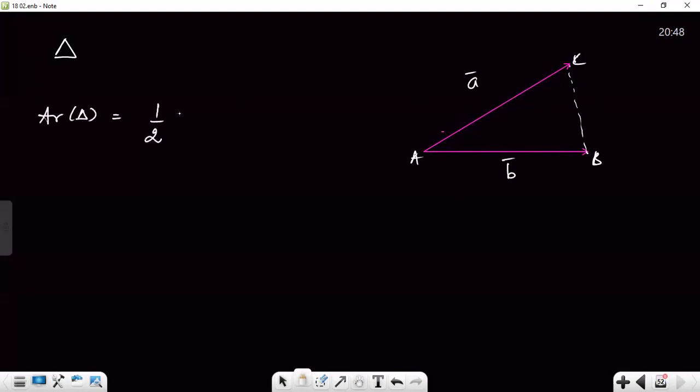How? By taking the magnitude of the cross multiplication of these two vectors. Simply, this will give us the area.